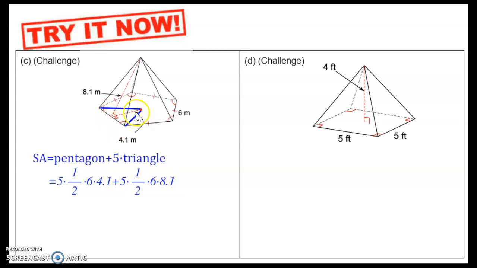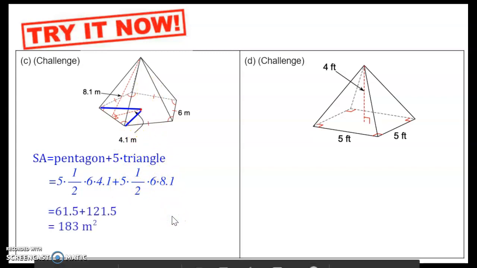Base is 6, the height we're told is 4.1, times half is the area of a triangle, but we have 5 of those. And to that we're going to add 5 triangles, where the base of each triangle is 6 and the height is 8.1, times half for the triangle, and then you multiply that by 5 and you should get 183 meters squared.